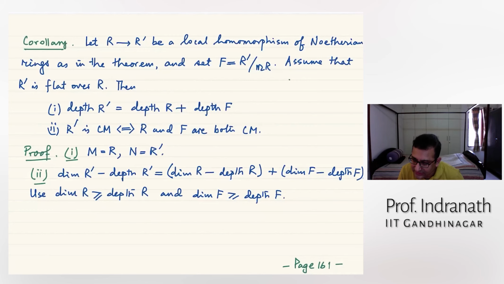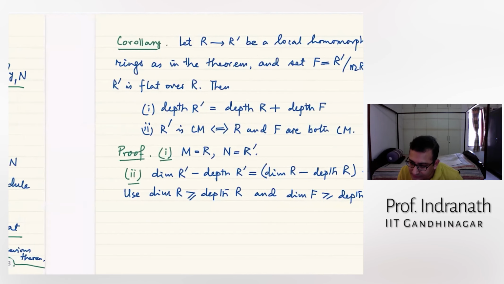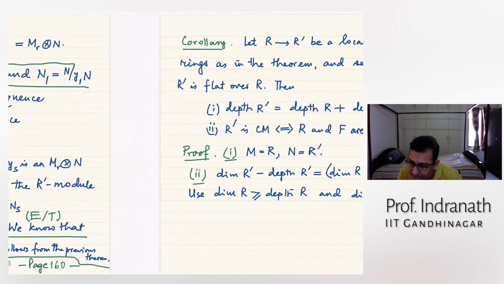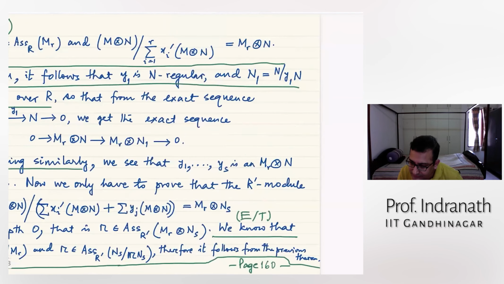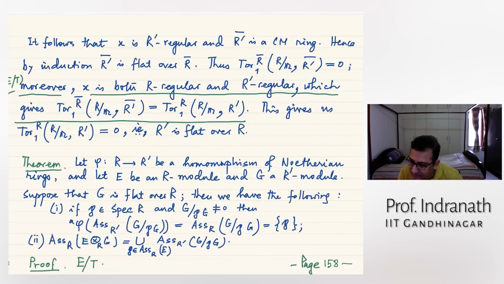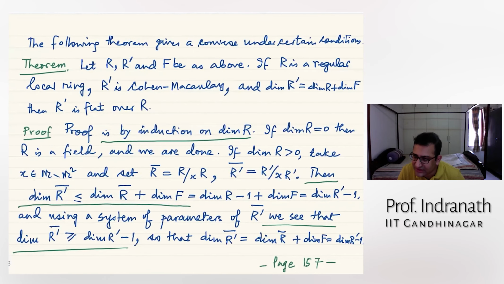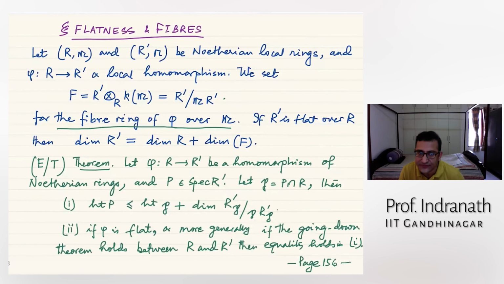Just a minute. Yeah, so you have dimension R dash equal to dimension R plus dimension F. Okay, so therefore you have the right number of elements in the maximal ideal.